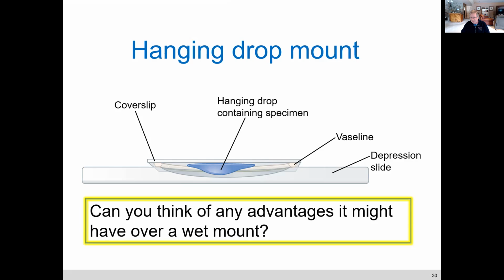Here, they're not. And so the idea here is that you can kind of observe them in a more natural way, that they're able to swim around and so forth. So just kind of a fun technique. The times that I've used it mostly in the lab is looking at pond water.